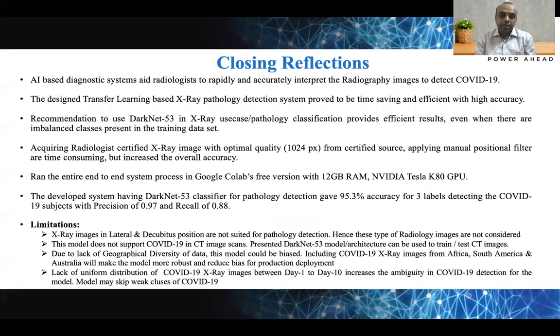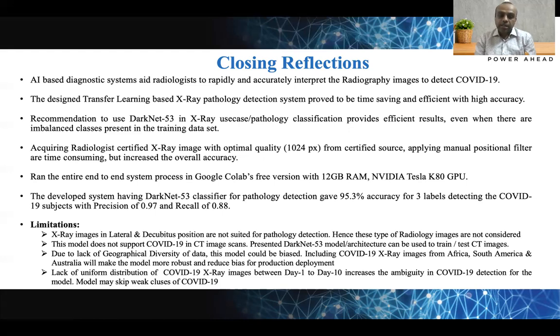Some closing reflections. AI is really helping the radiologist in this case to rapidly detect the COVID-19 in X-rays. And it is doing this very efficiently, and with a very high accuracy in a very time-saving fashion.